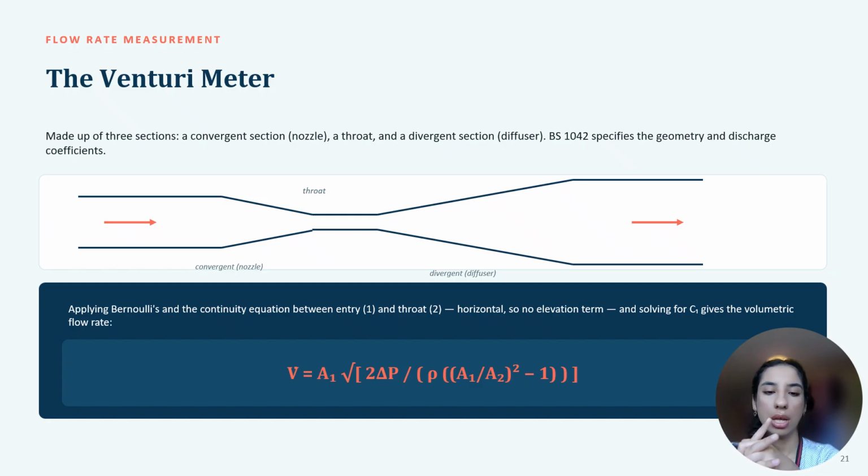This is just between the entry and throat, and this equation is used for that. Then you multiply by the square root of 2 times, you've seen that equation somewhere, right? Just note this down and you can use it for questions.